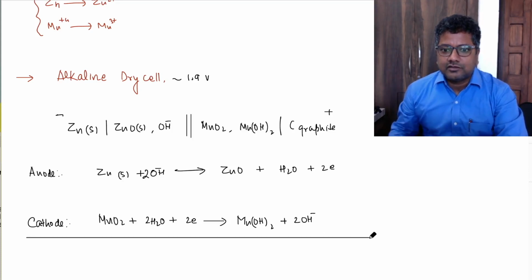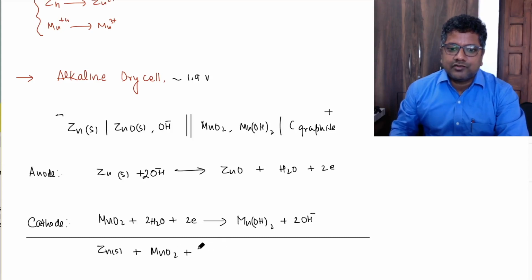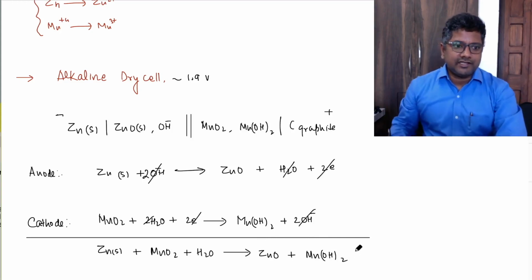So what we can write here, overall reaction: Zn solid plus MnO2 plus H2O. One H2O is left, 2 OH minus cancel, 2 electrons cancel. Zn plus MnO2 plus H2O gives ZnO plus Mn(OH)2. So this is the overall reaction, right?